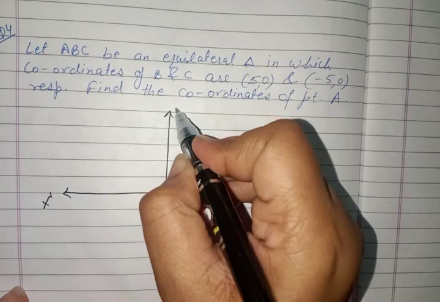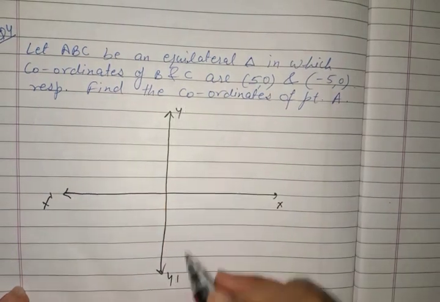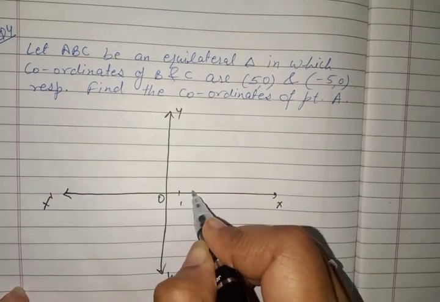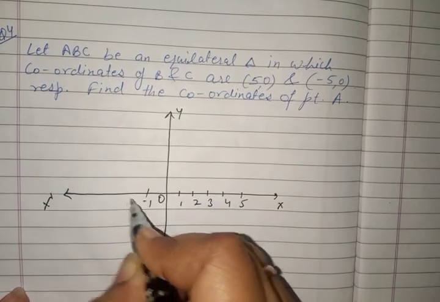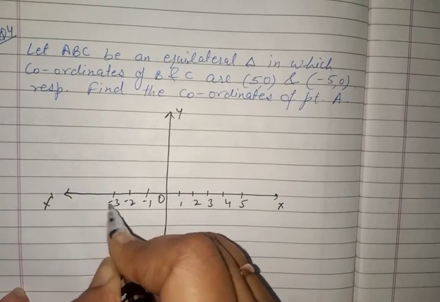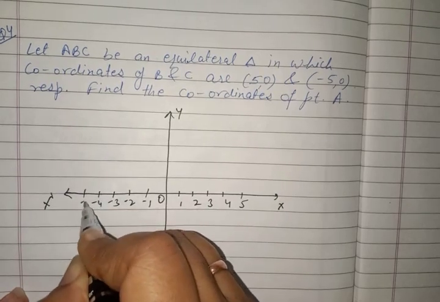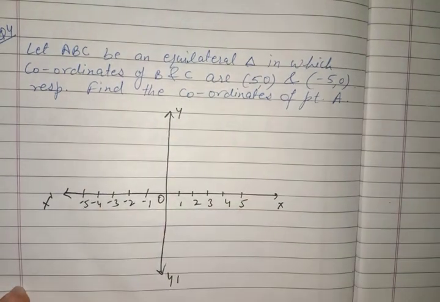This is x dash and y dash, and they meet at origin. Then we will write at equal distances 1, 2, 3, 4, 5, and this side minus 1, minus 2, negative side on the left. All of you know these things.